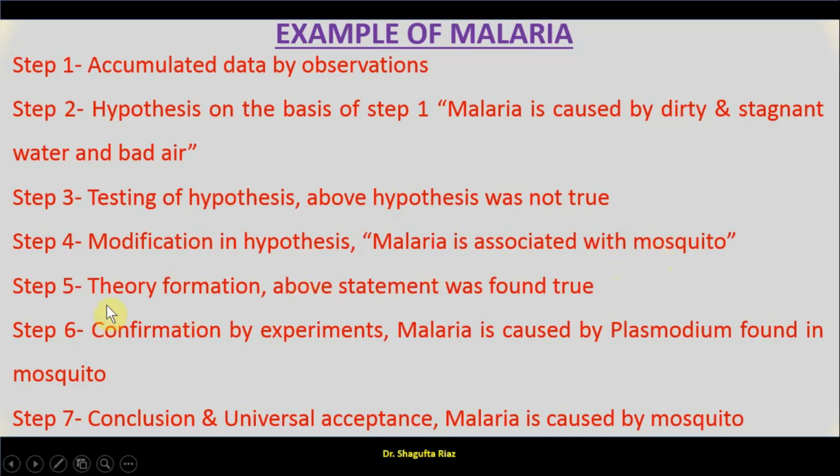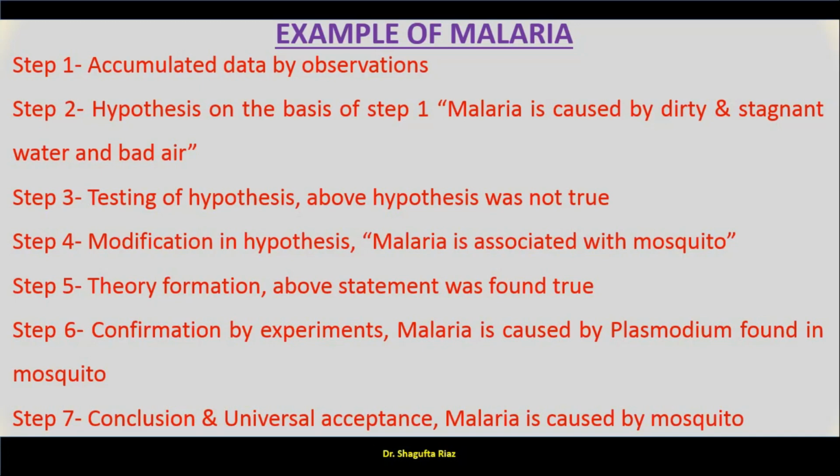And on the basis of this hypothesis, they formed the theory, as the above statement was found true. How? Because they performed a number of experiments, and with the help of these experiments they found that the blood of the infected human has a thing that was similar to the blood which was taken from the first ever case of malaria, and they matched those two slides, which were of plasmodium.